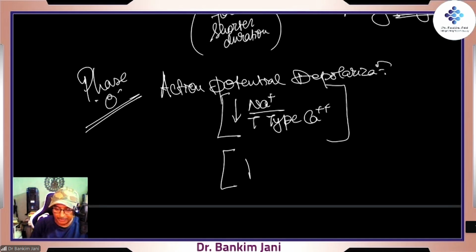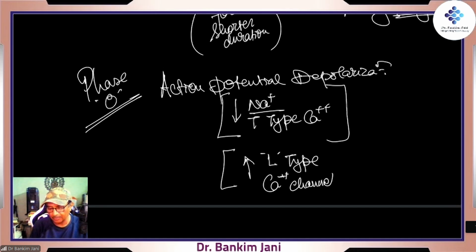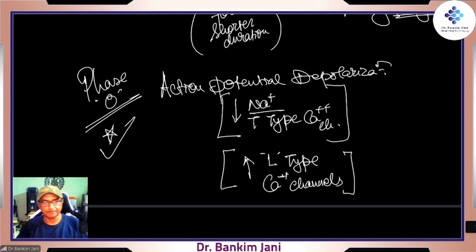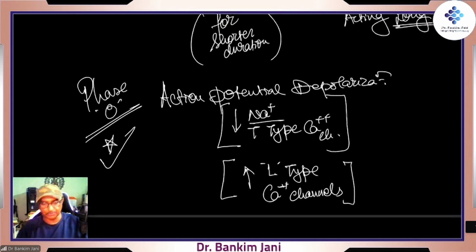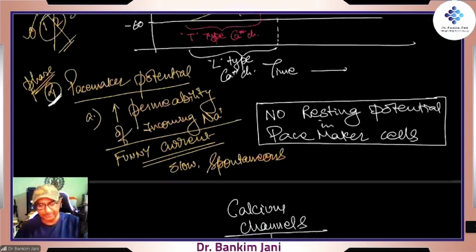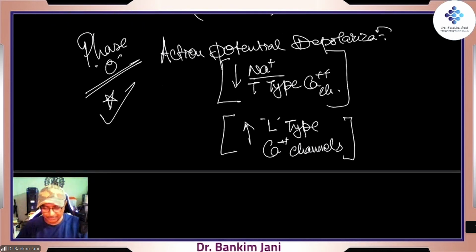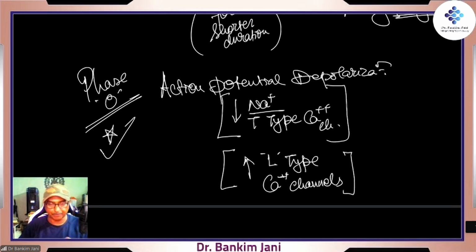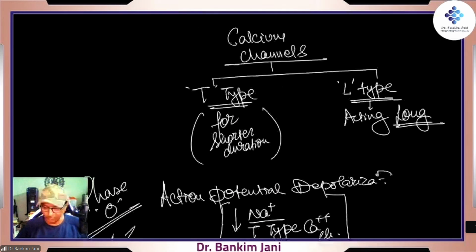There would be increased L-type calcium channels. All these are USMLE questions. Whatever you understood at this point, they just pick out some questions from it. This is one of the favorites, L-type and T-type. So I hope so far it is clear, because the next part is very easy. Any doubt, just let me know.